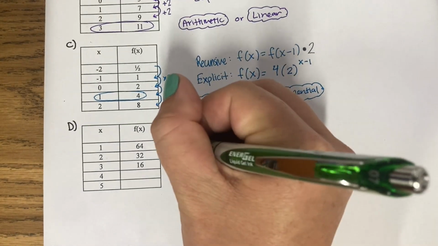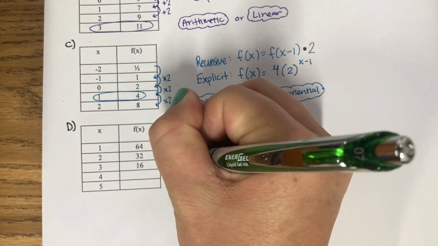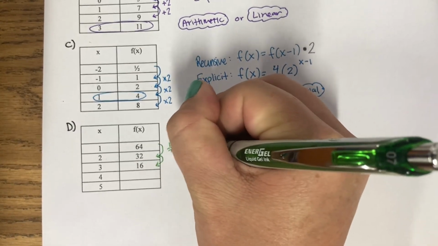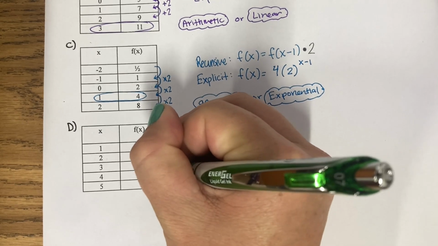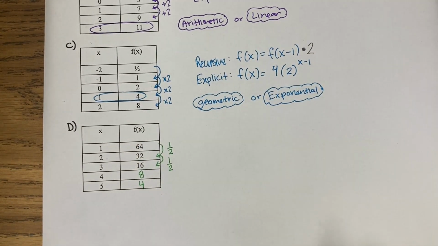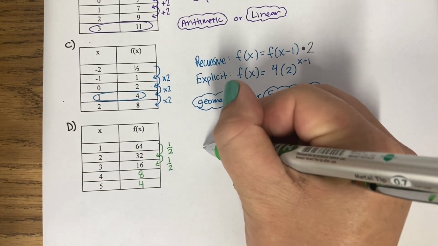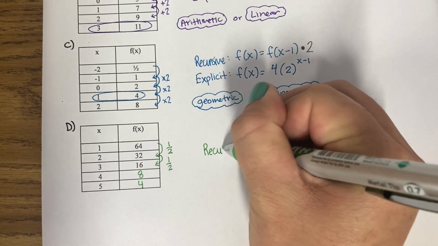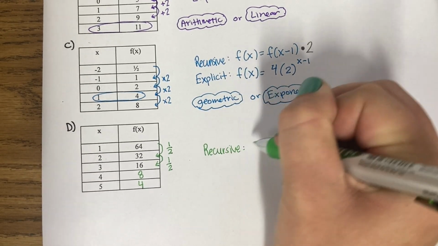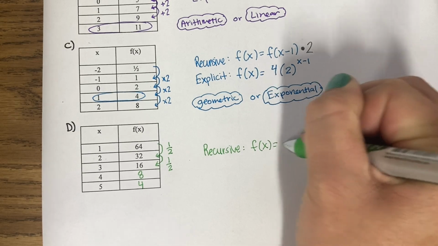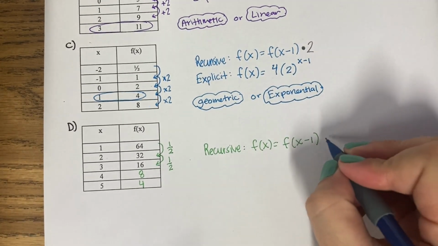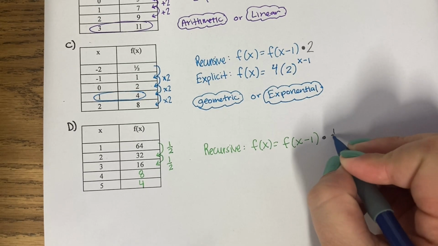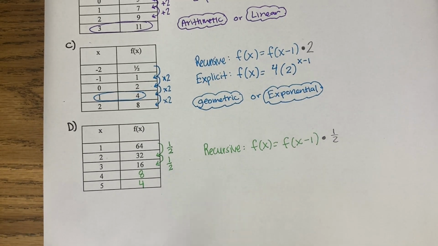Question D, 64, 32, 16, that's cutting it in half. So 16 cut in half is 8, 8 cut in half is 4. So for my recursive, I would write f of x equals f of x minus 1 times by 1/2.